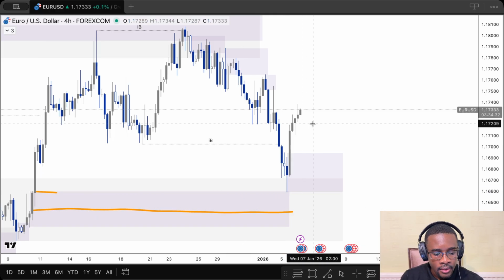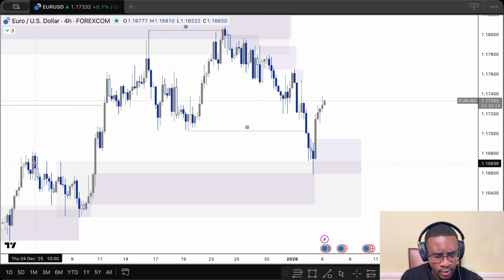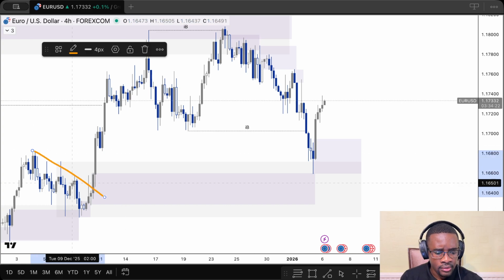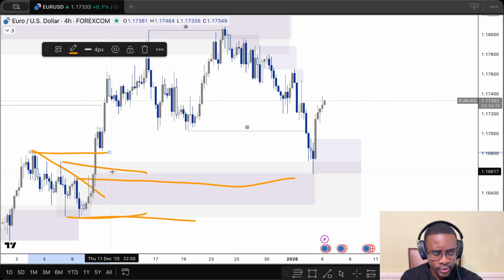Still, we'll be knowing that we are within or around the daily demand range. So you can see this area is where we were expecting price to react.